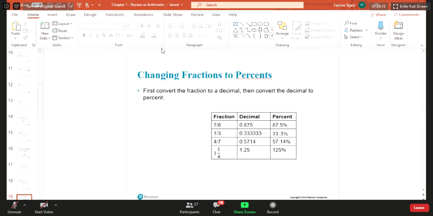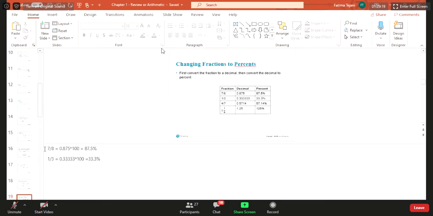Now let's do the first one. 7 divided by 8 is 0.875. Times 100 is equal to 87.5%. In the same way, now do the last one, guys.